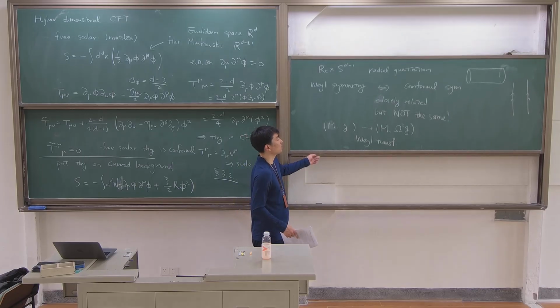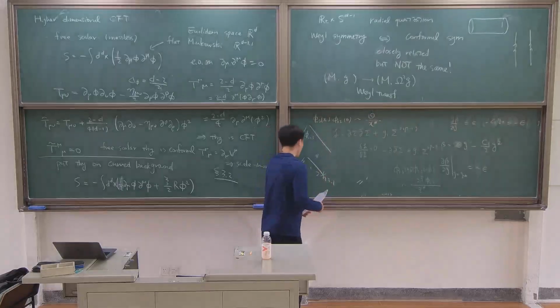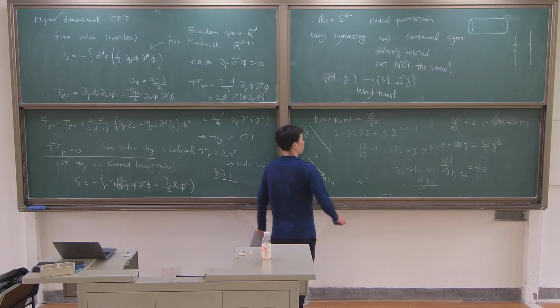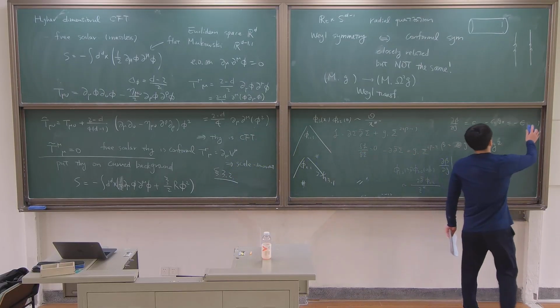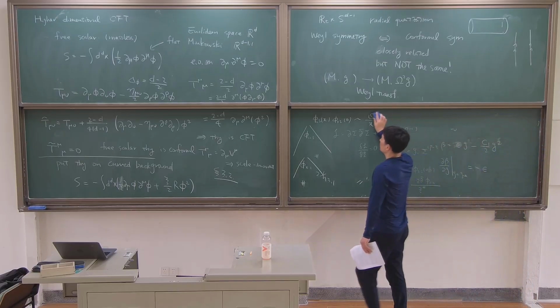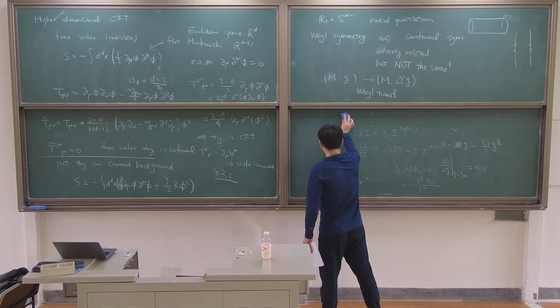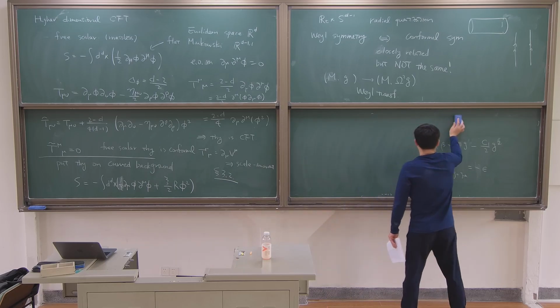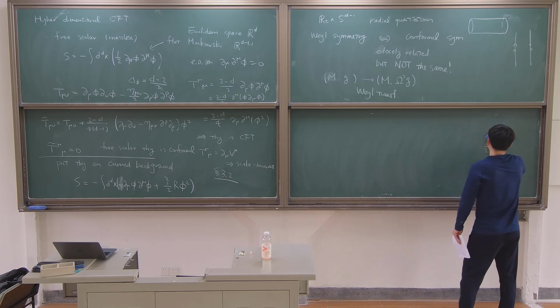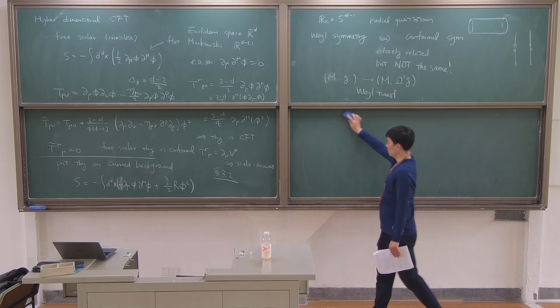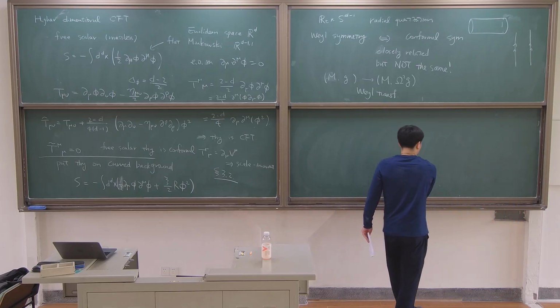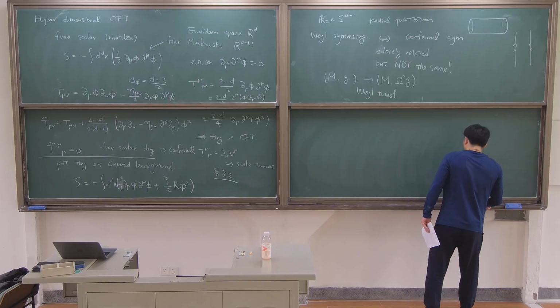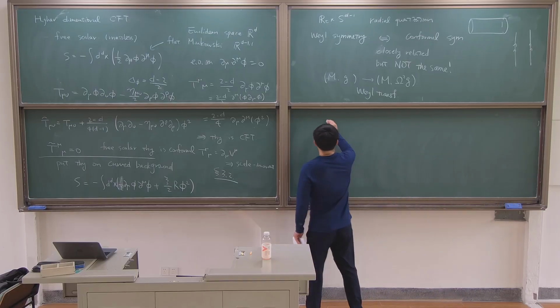On the other hand, a conformal transformation is a diffeomorphism between two Riemannian manifolds, M1 with g1 and M2 with g2. You consider a diffeomorphism f between these two manifolds.